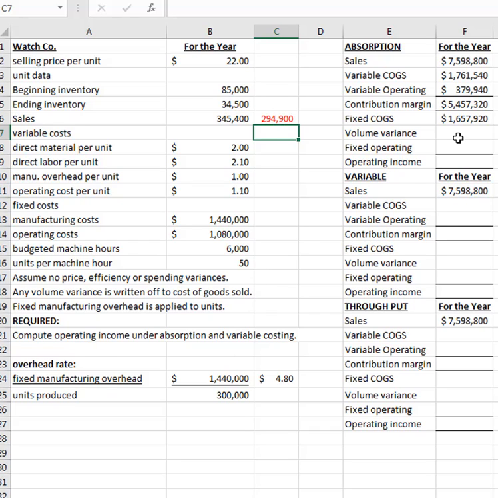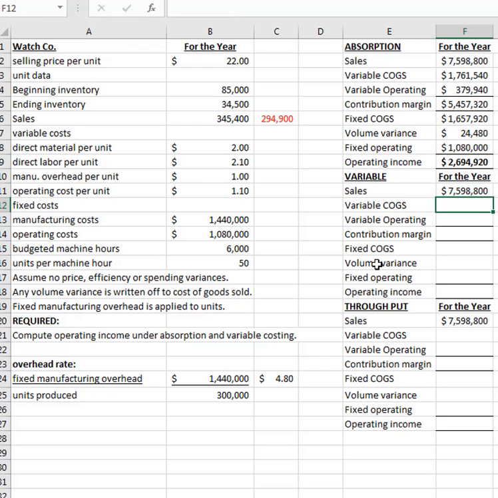So we're going to have an unfavorable volume variance, which means that we're going to have an additional expense here. So it's going to be the volume we expected minus the volume we had times the fixed overhead per unit. And then the fixed operating costs were just given to you. The operating income will be minus those 3 items.